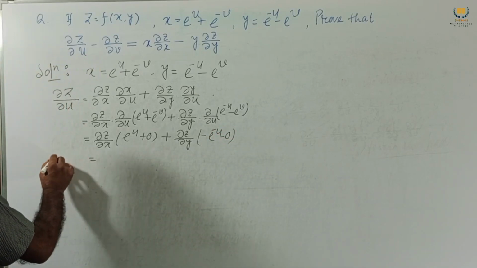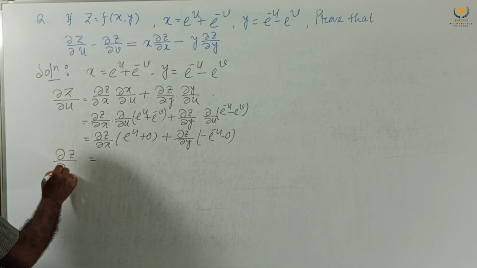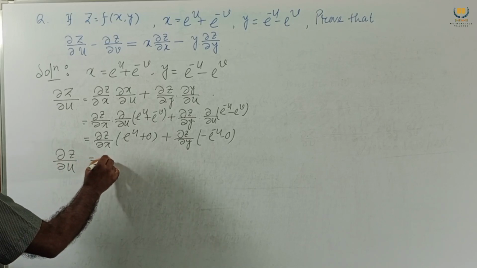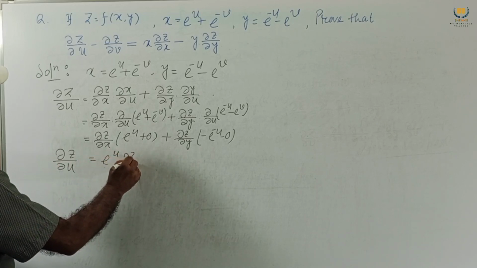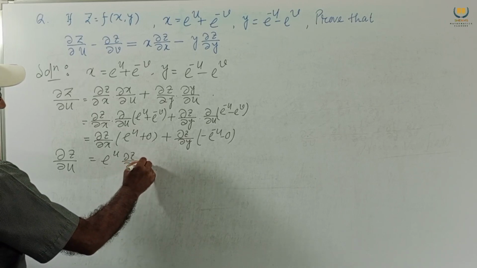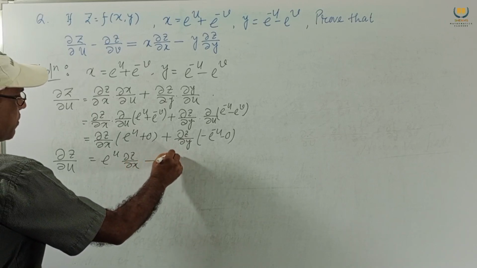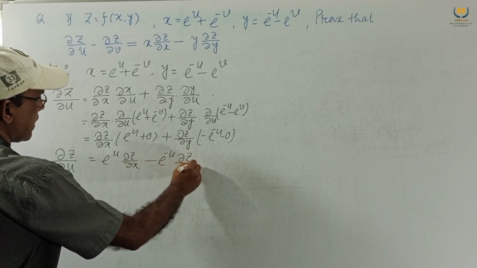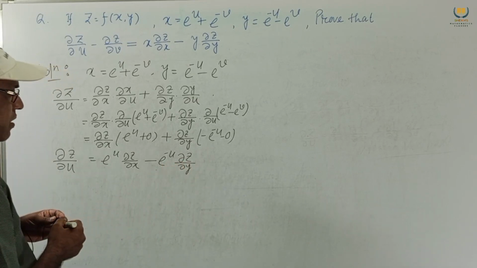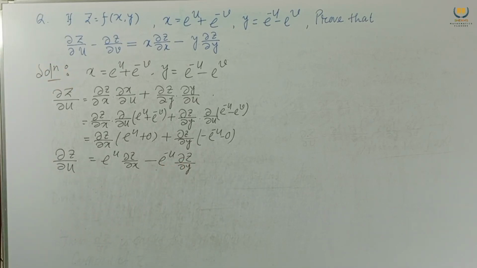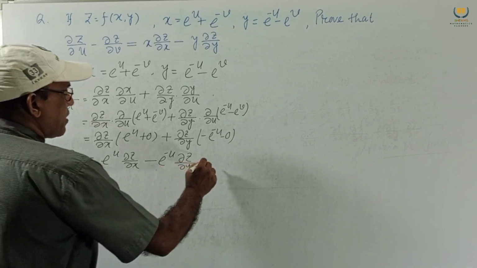Ultimately we get del z del u equals e to the power u del z del x minus e to the power minus u del z del y, we get this one. Consider this is number 1.